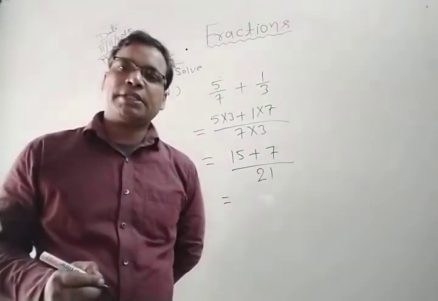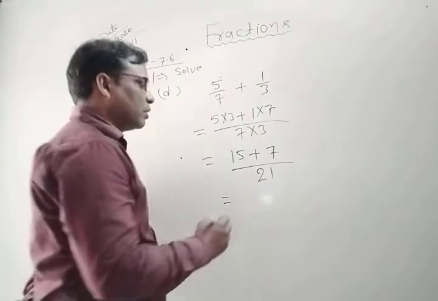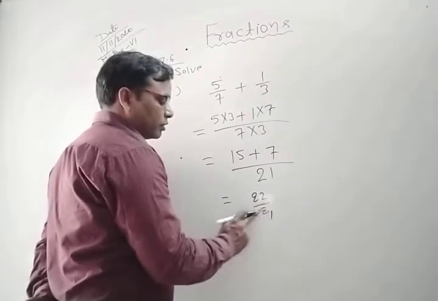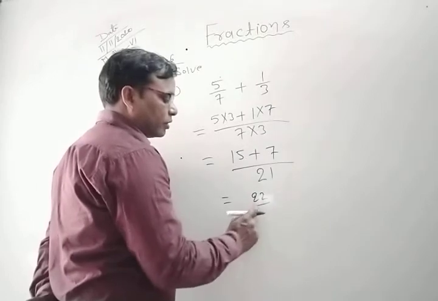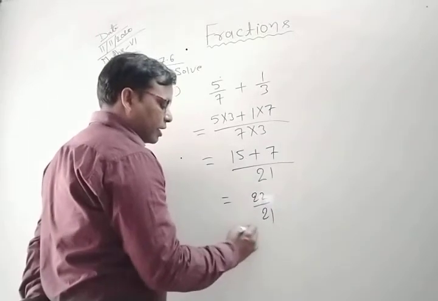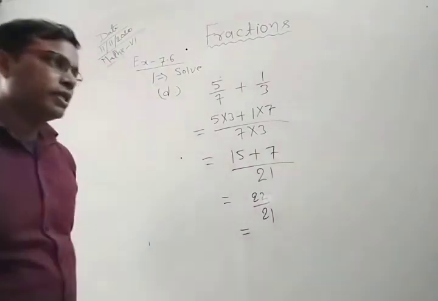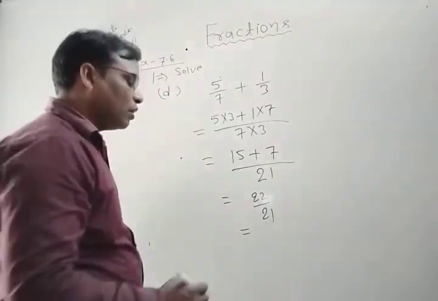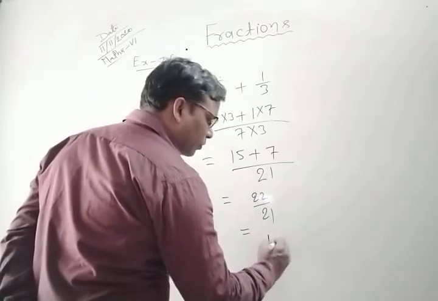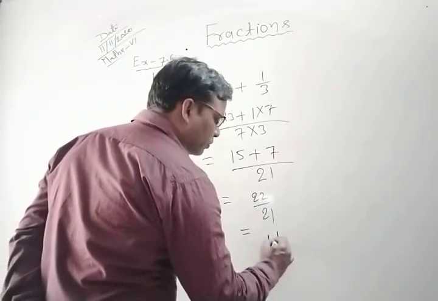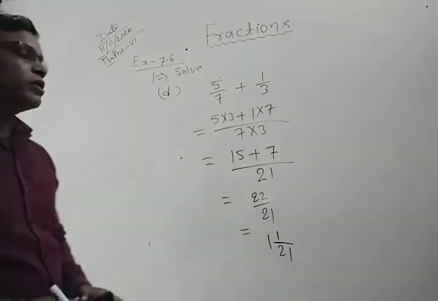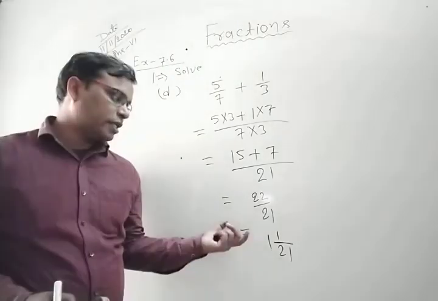If you add 15 plus 7, this is equal to 22 by 21. Or if you convert it into a mixed fraction, you can write it as 1 and 1 by 21.